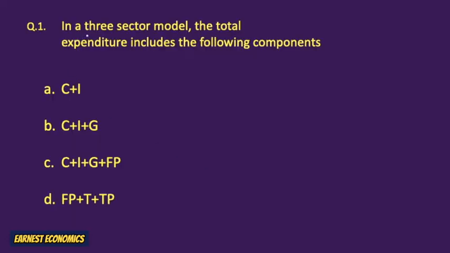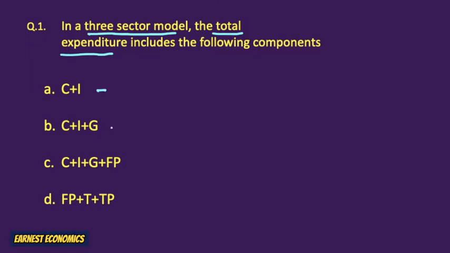The first question is: in a three sector model, the total expenditure in an economy includes the following components. You have to identify which combination of components is right regarding total expenditure in a three sector model economy. Our first option is consumption and investment.